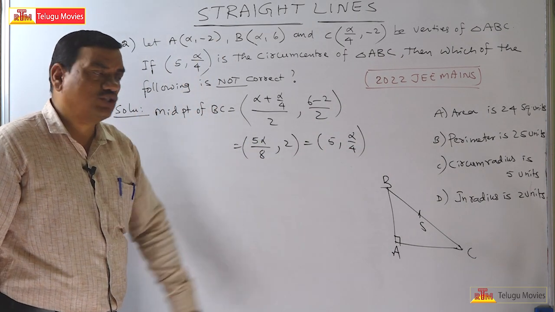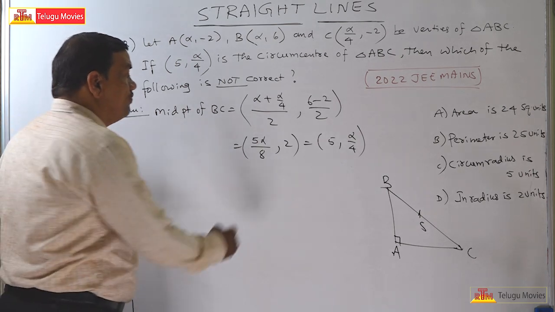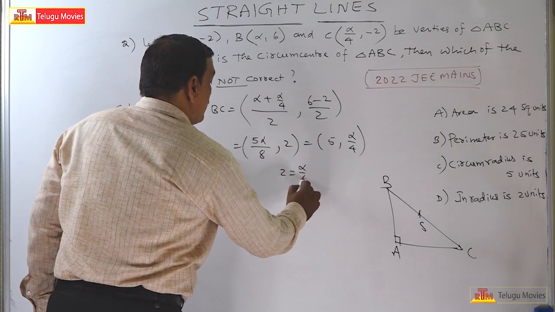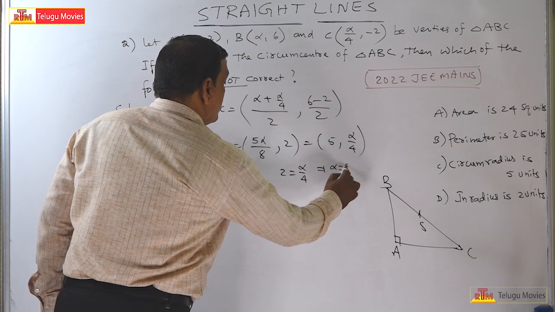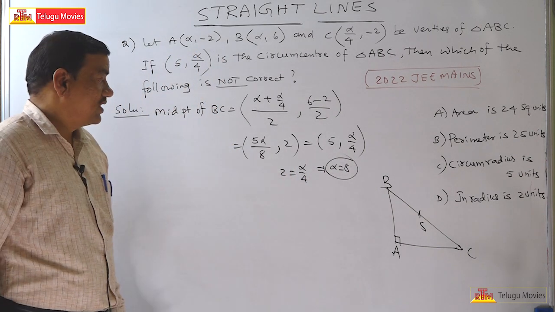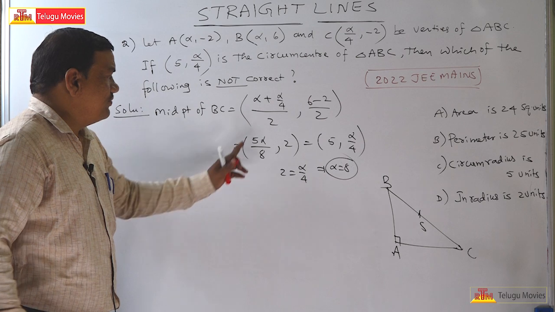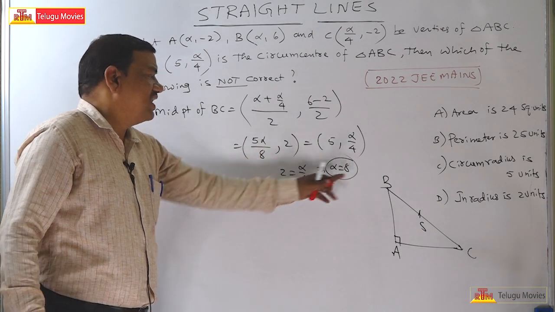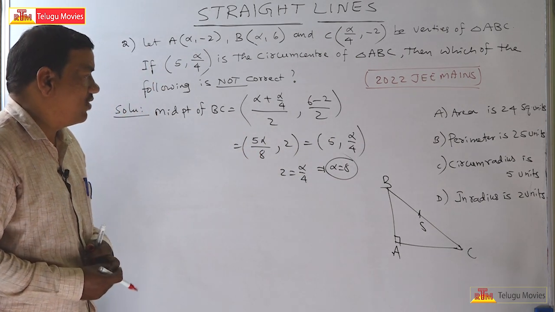If you compare either x coordinates or y coordinates, alpha by 4 is equal to 2, which implies alpha is equal to 8. Otherwise, if you cancel, the 5 will cancel and alpha is equal to 8. Anyhow, you can find alpha is equal to 8.